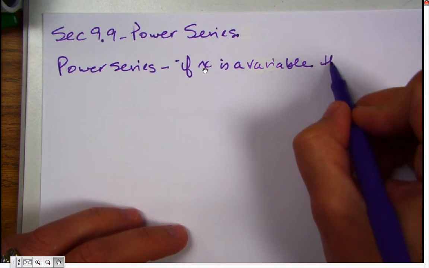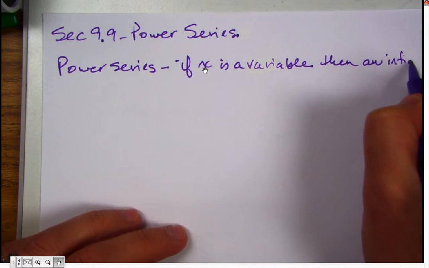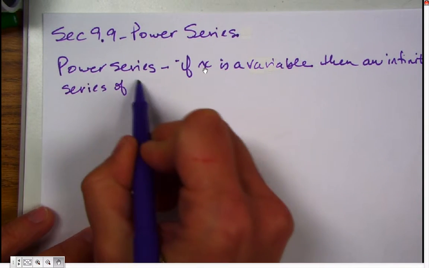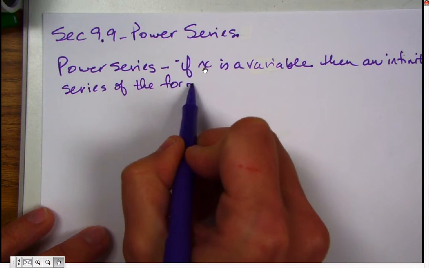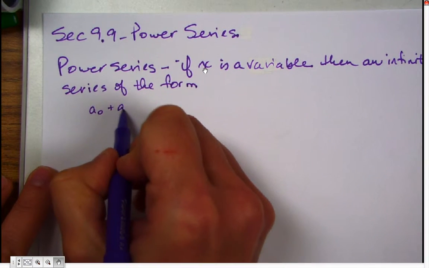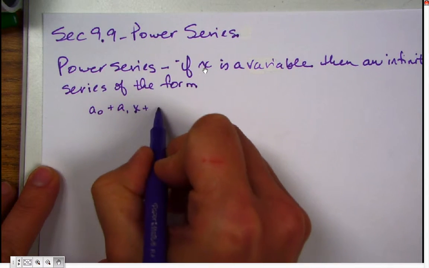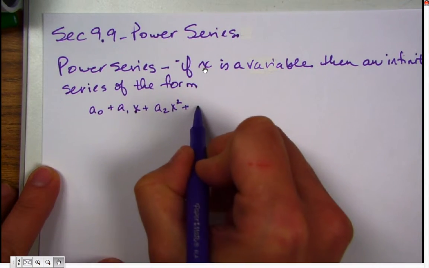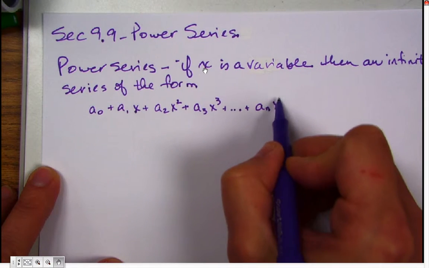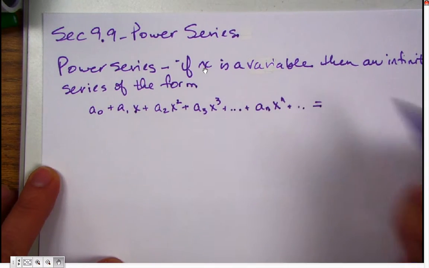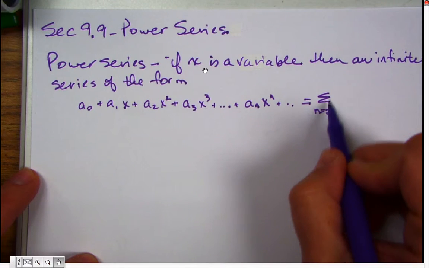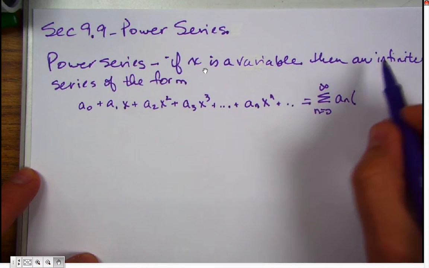If x is a variable, then an infinite series of the form a sub 0 plus a sub 1 x plus a sub 2 x squared plus a sub 3 x cubed on up to a sub n x to the n, which in summation form looks like the sum from n equals 0 to infinity of a sub n.